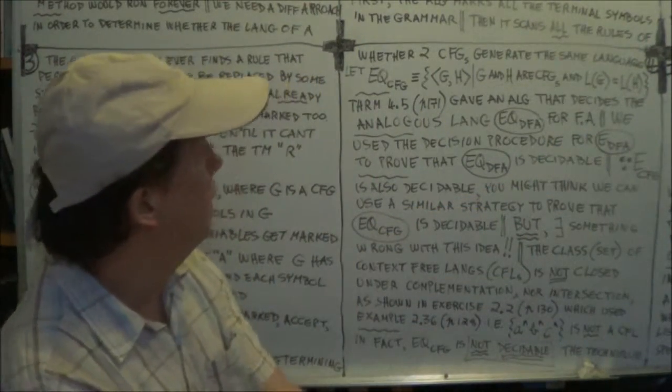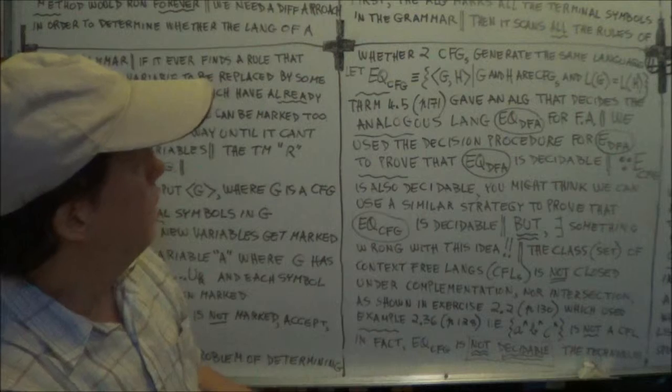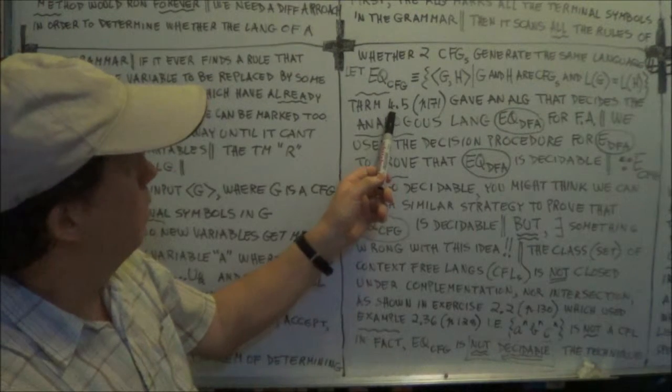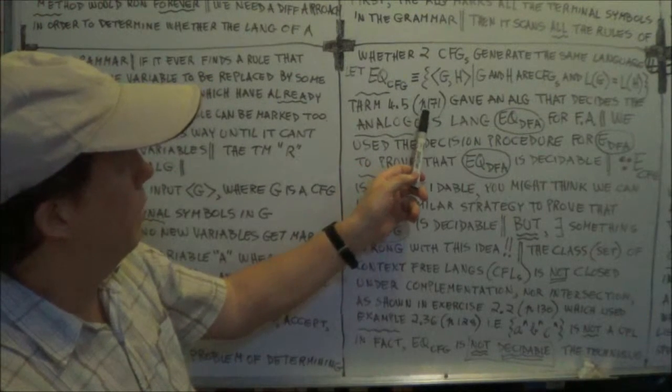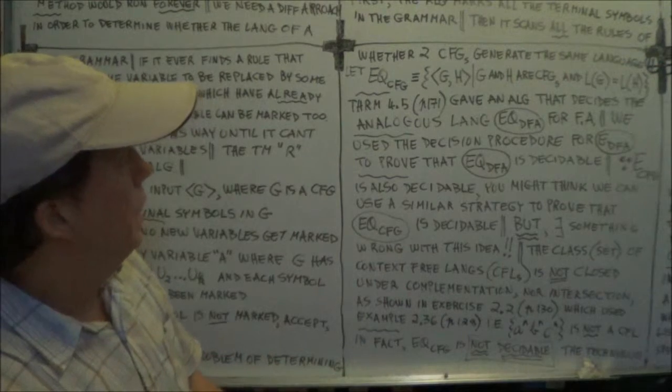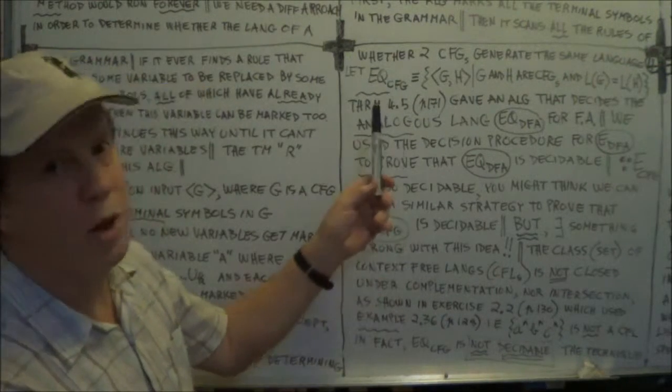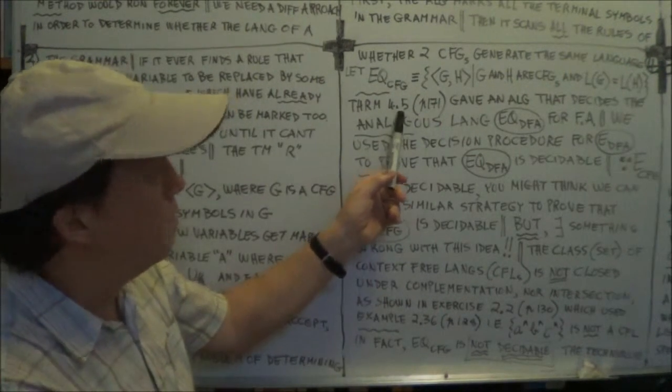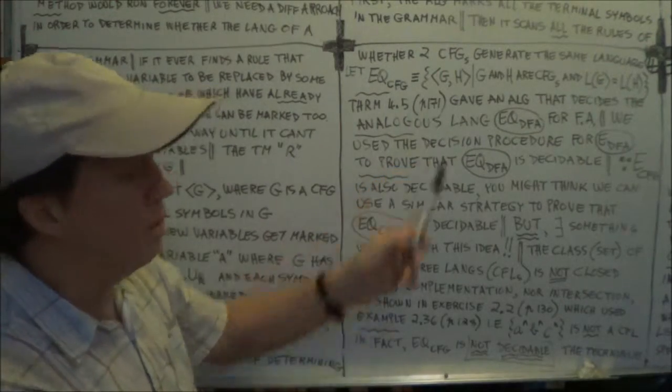Now, again by analogy, go back to Theorem 4.5, on page 171 of your text. Same comment as before: theorem numbers and page numbers don't mean anything.